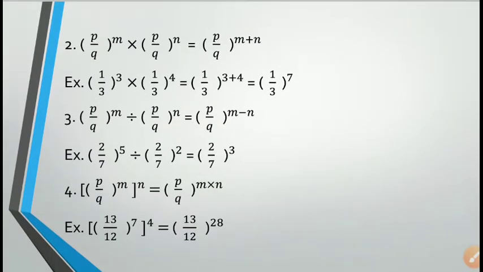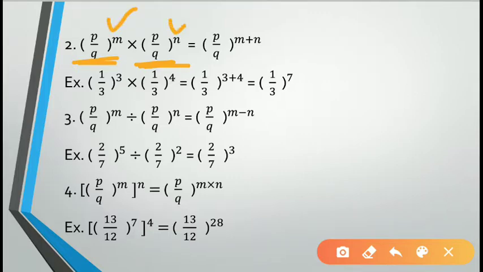Second law of exponents is p by q to the power m times p by q to the power n. Here both the rational numbers should be the same, but the powers are different.